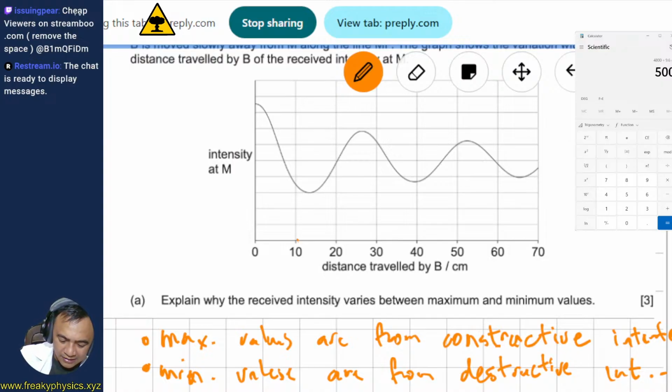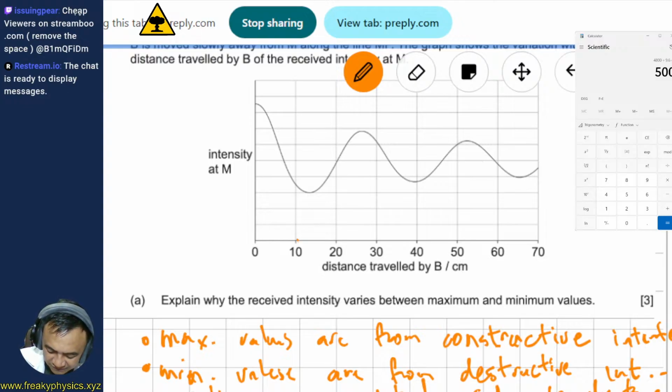And then the last one is the variations in amplitude due to distance from M causes the pattern of changing maximum and minimum values.